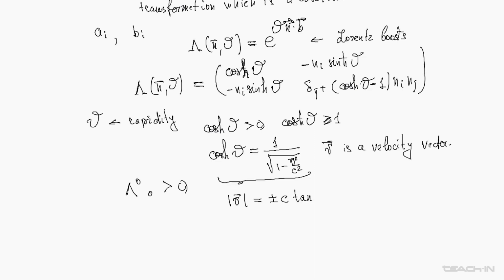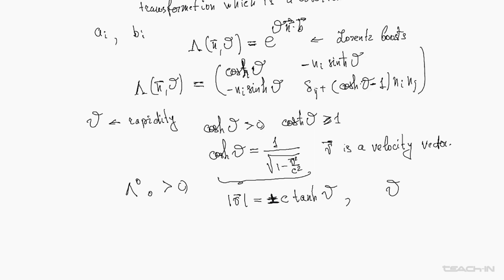In order to have orthochronous transformations, let's take just one of these possibilities, a plus sign, not minus. In this case, it is clear that we have to restrict the variable vartheta to run from 0 to infinity, right?